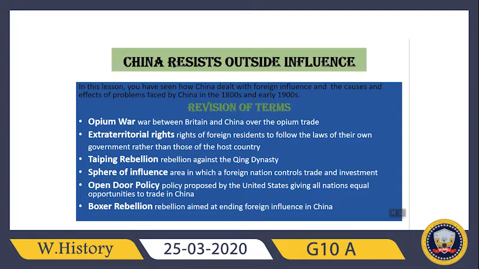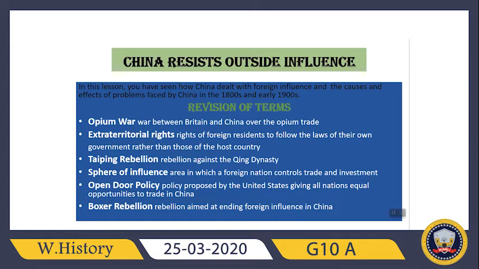Then there was a rebellion, the Taiping Rebellion, and this rebellion was against the Qing dynasty. And then sphere of influence, we read this term in the lesson. It means the areas in which a foreign nation controls trade and investment.